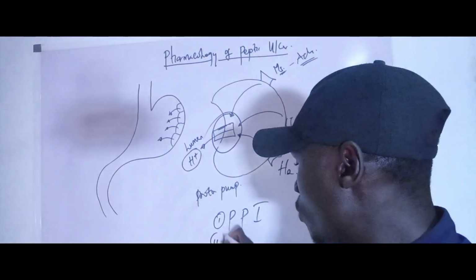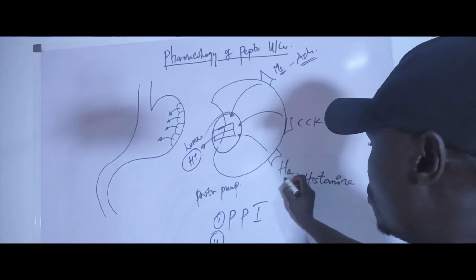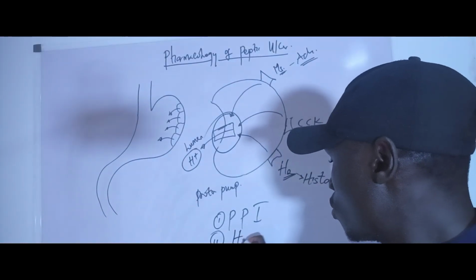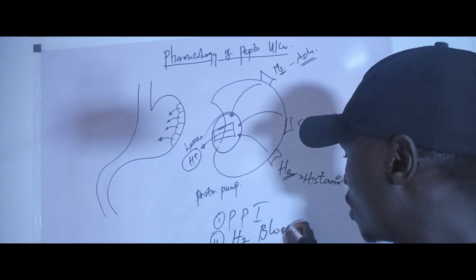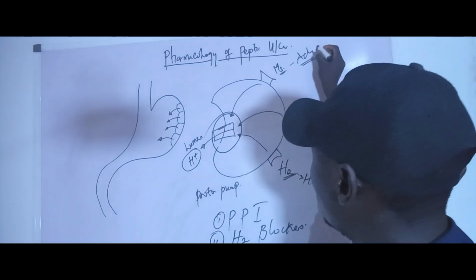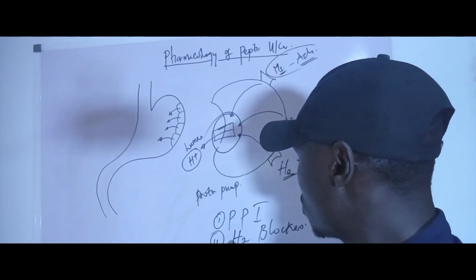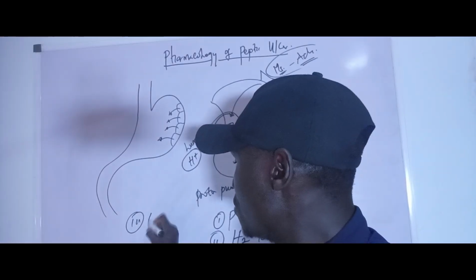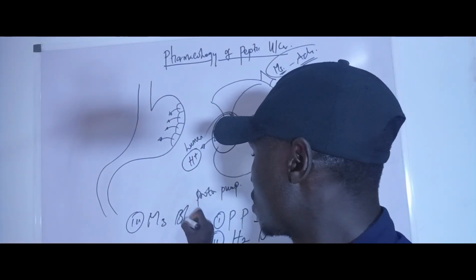Then the second class of drug we will discuss will be the drugs that inhibit the H2 receptor. We call them H2 blockers. Then we also have drugs that will inhibit M3, so let me put it on this side: here are M3 blockers.